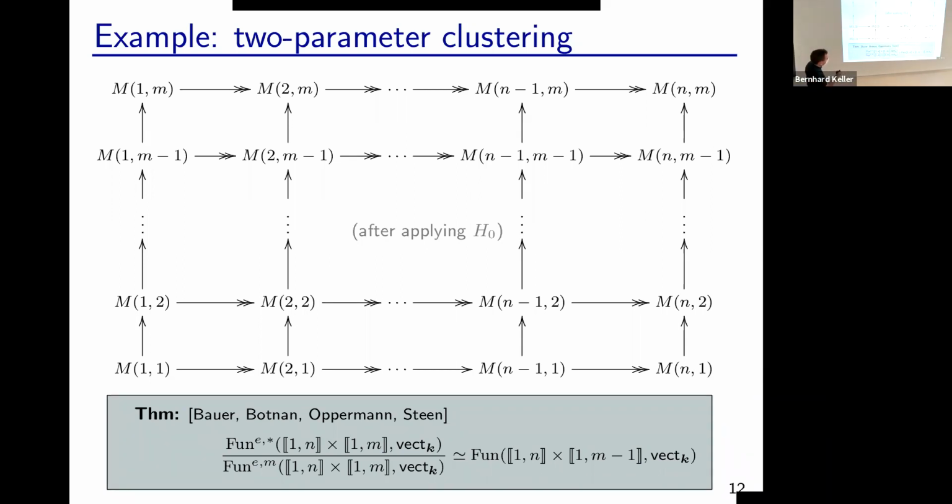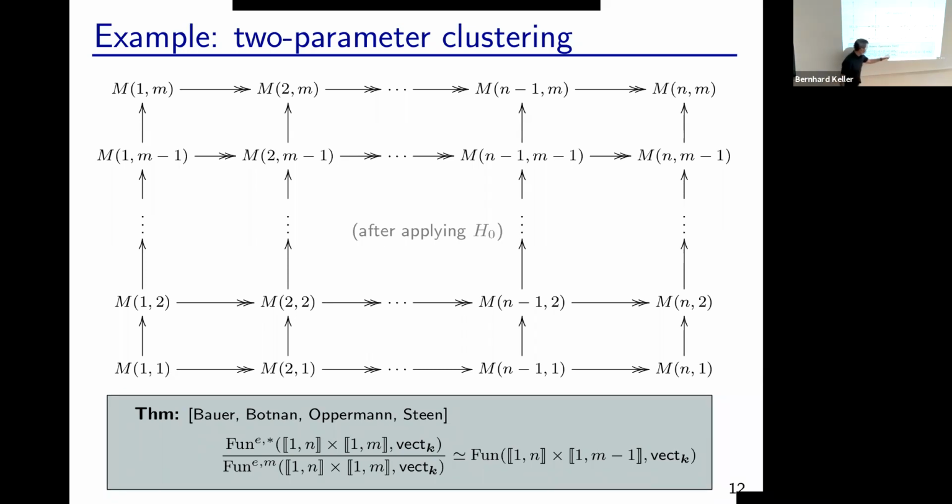Fun of E, star is the subcategory of representations with just epimorphisms horizontally. Fun of E, M is the subcategory with epimorphisms horizontally and monomorphisms vertically. And basically what they prove is that the quotient of these two is isomorphic to the full representation category of the grid deprived of its last row. So it's as rich as this category.